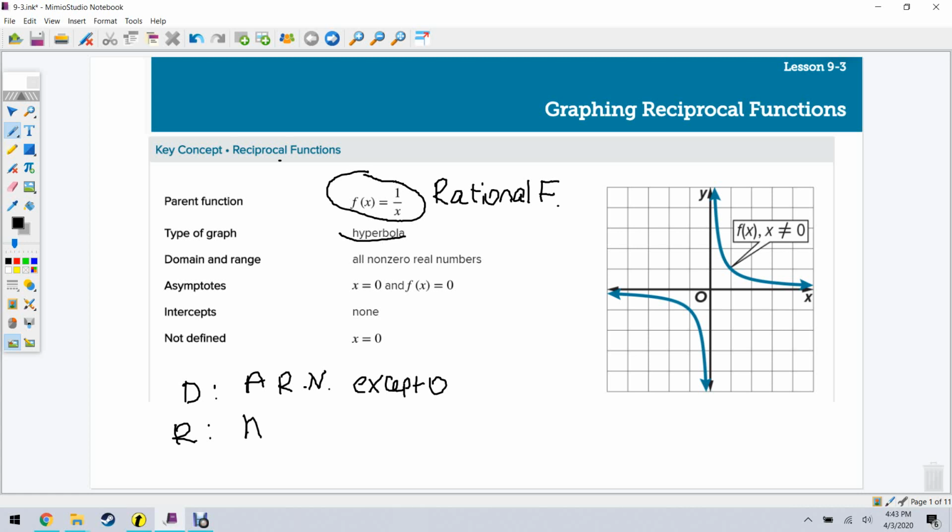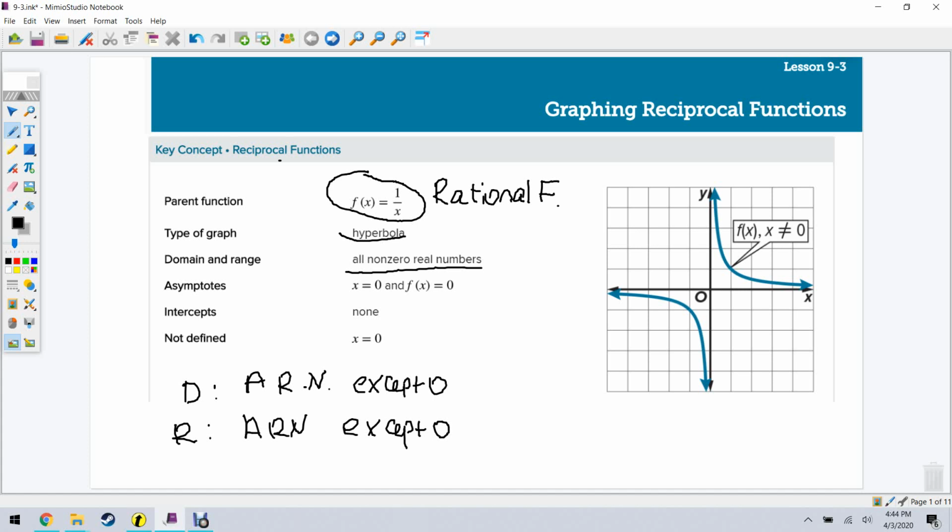Same thing I can say here, all real numbers except 0. Alright? So the other way to say it is all nonzero real numbers. Nonzero means it's something other than 0, as you know. So anything that you can put here, like negative infinity to negative 1, 1 to infinity, even the decimals between negative 1 and 1 are fine here. And you will also get answers, and these answers will be anything except 0. So those are domain and range.